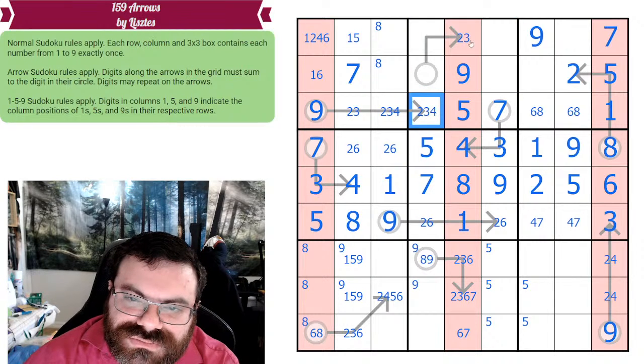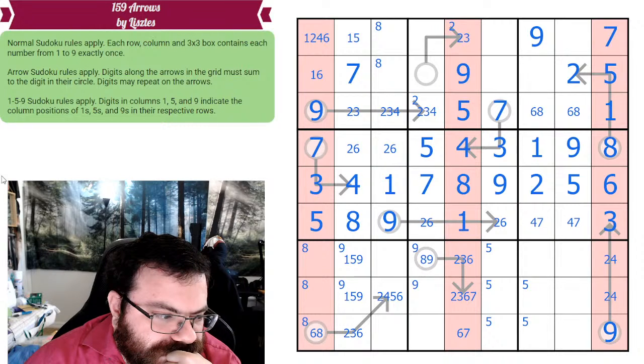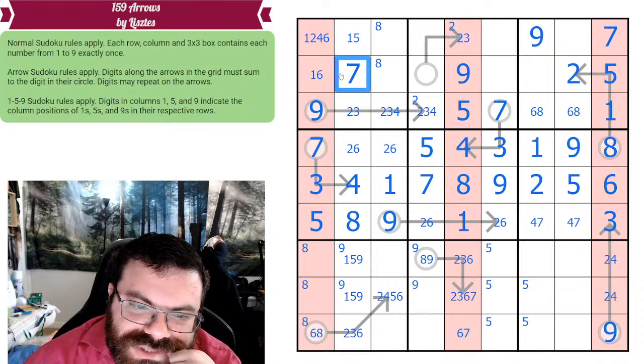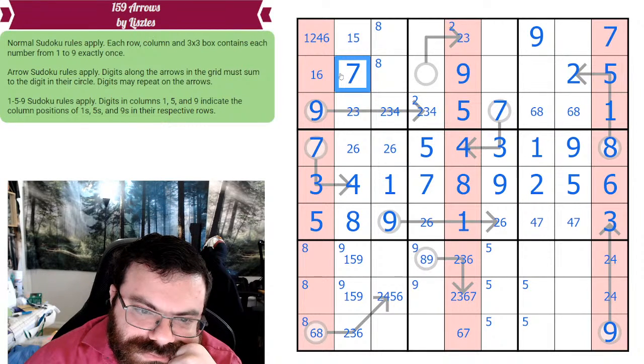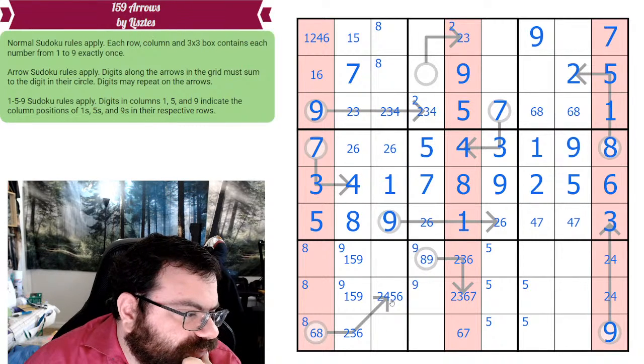The 2's in one of these two. What did this 7 do? Row 8, column 2.